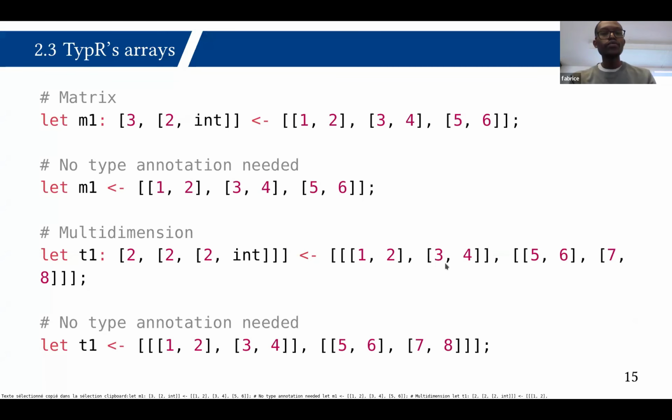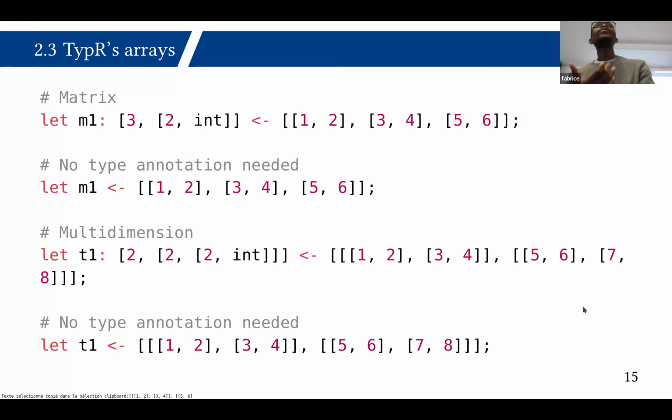We can also build something greater than that. For instance, multi-dimension. So I can build something of dimension 3, an array of 2 elements, of an array of 2 elements, of an array of 2 elements of type int. So I can syntactically build that, but I don't recommend it because it's a bit complicated to do.